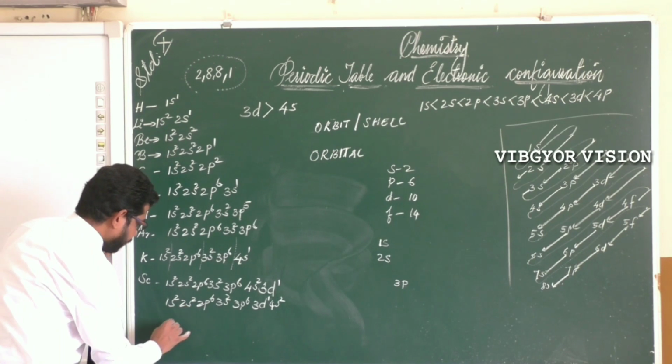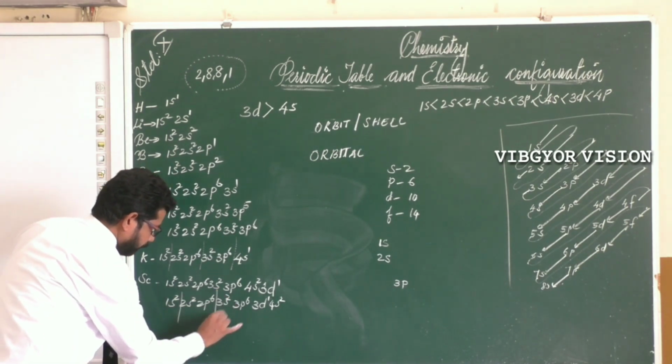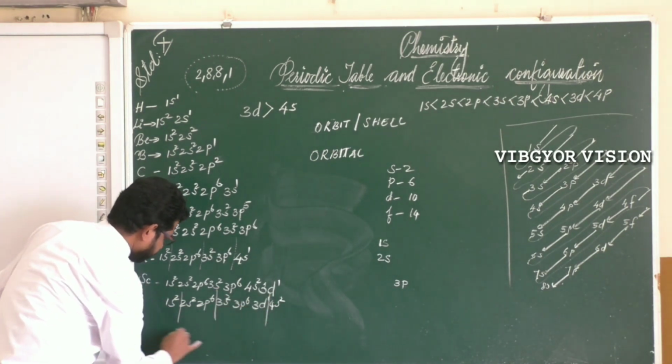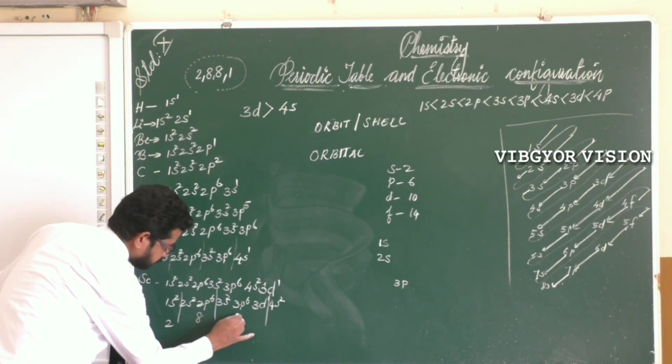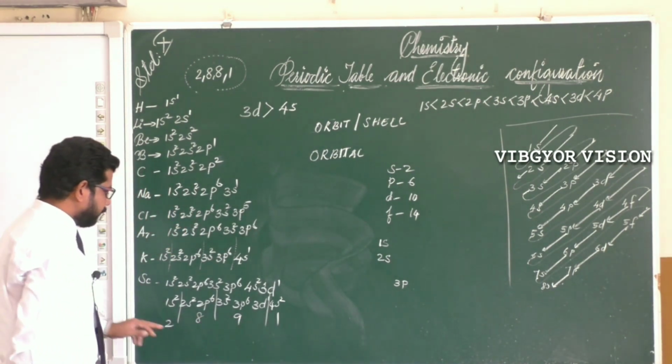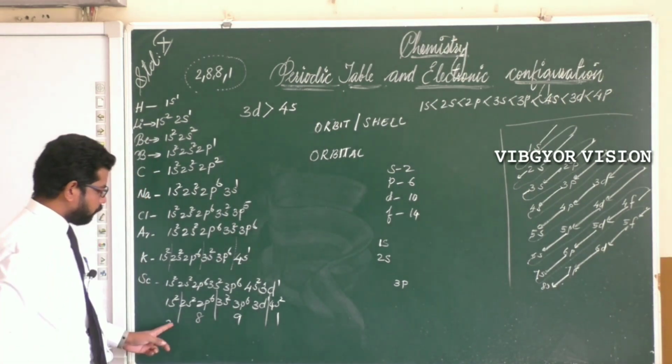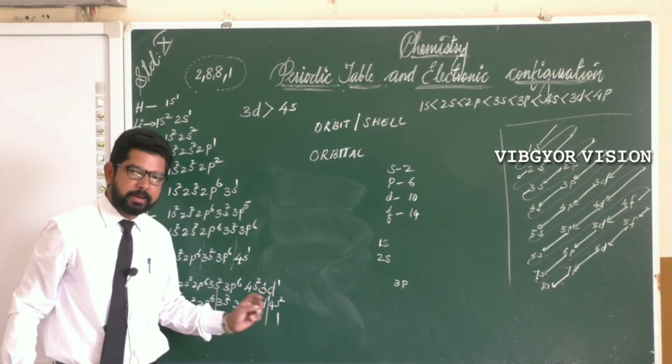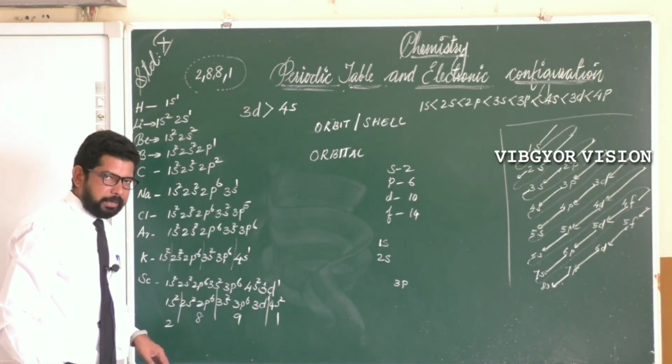So we can write it as 2, 8, 9, 2. This is the electronic configuration of scandium we have studied.